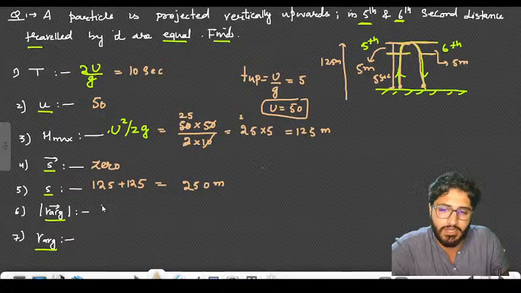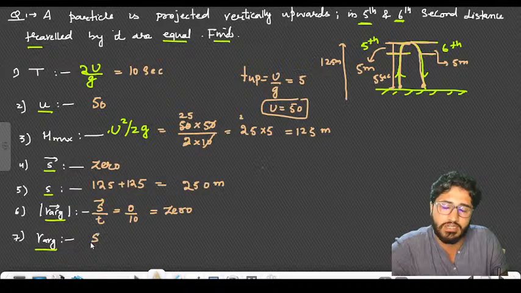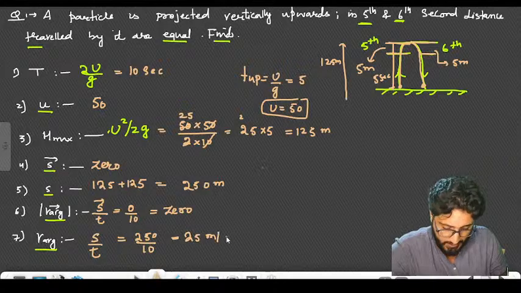Velocity means displacement by time. Displacement is 0, time is 10, so the velocity is 0. Speed is distance by time, it is 250 divided by 10. That means 25 meter per second.